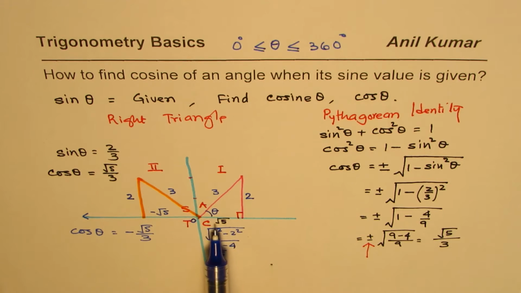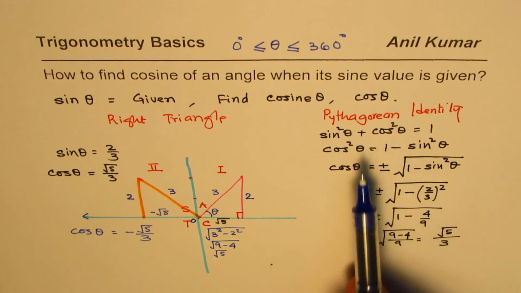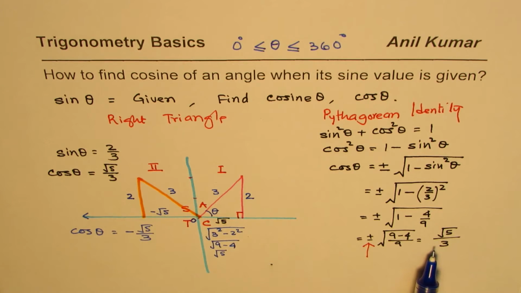Whatever the case may be, we'll get two results, right? So Pythagorean identity helps us to calculate the correct answer very easily. But here is a picture to explain how we get these two answers.